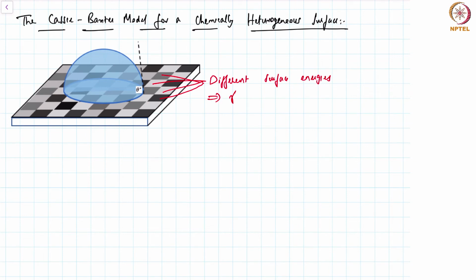This implies gamma S, let's call it gamma Si, and gamma SL.